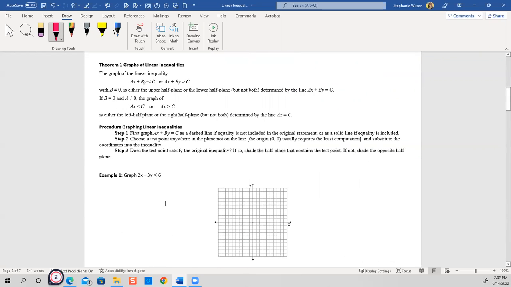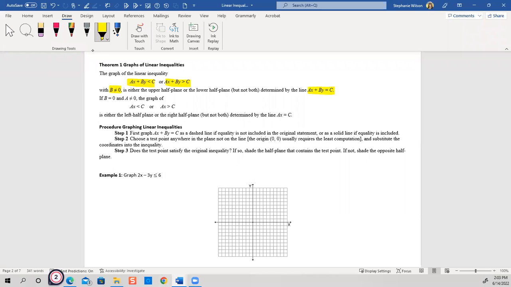So we have the theorem of graphs of linear inequalities. We have ax plus by equals c, which is in standard form. We have ax plus by greater than c, where b cannot equal 0. If b equals 0, then we only have one variable going on.